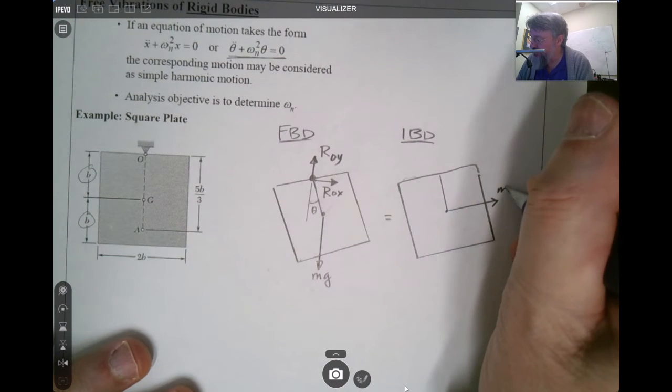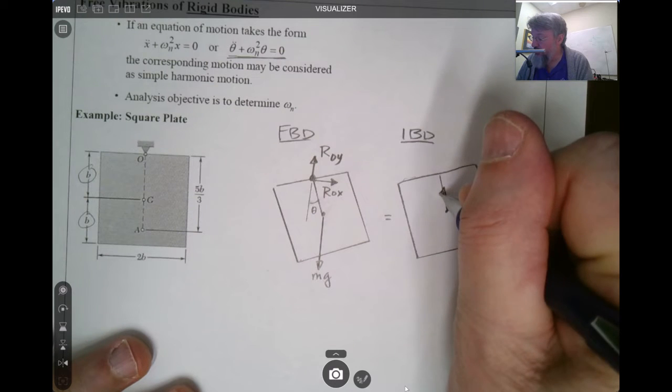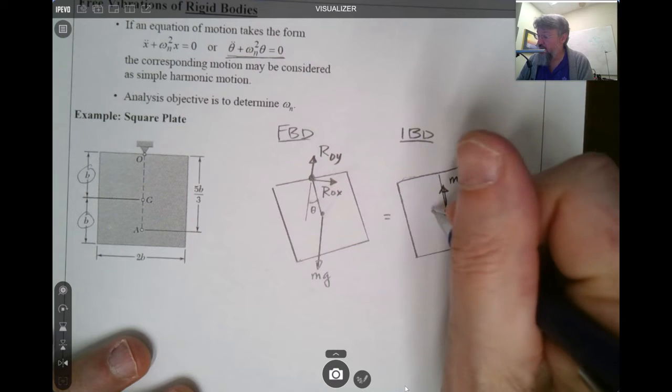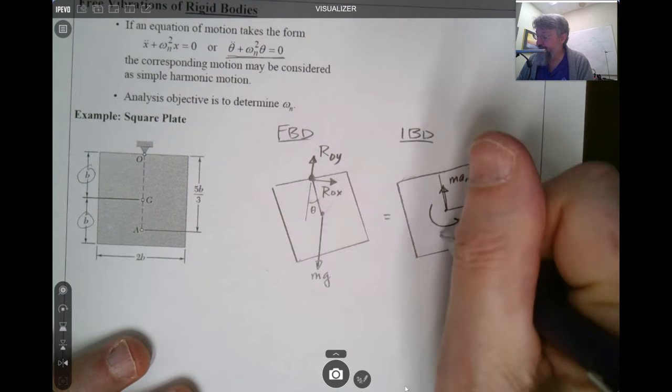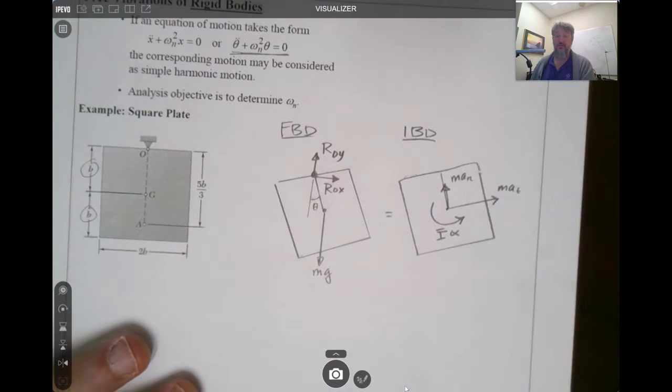So this is going to be mass times the tangential acceleration. We might want to also put in mass times the normal acceleration. And we're going to say that it is going I alpha right here.